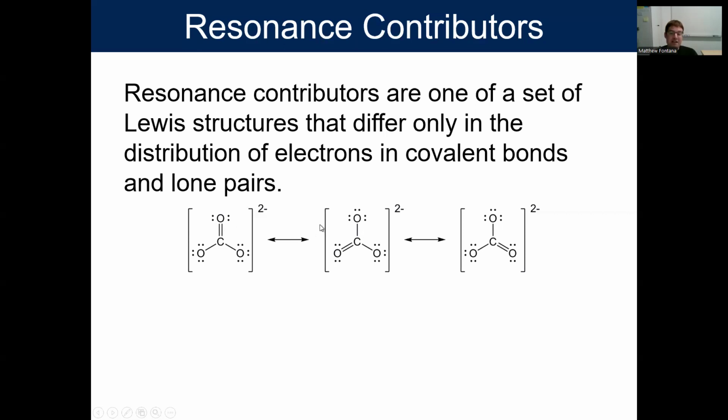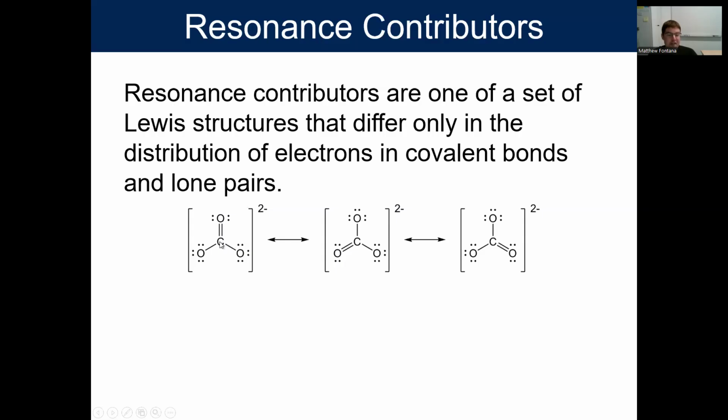So it turns out that it's going to have a bond length that is similar to that of a single bond, but it's going to be a little bit shorter because 1/3 of the time it's going to have double bond character. And it's going to be the same thing for this oxygen here, and then this oxygen here.